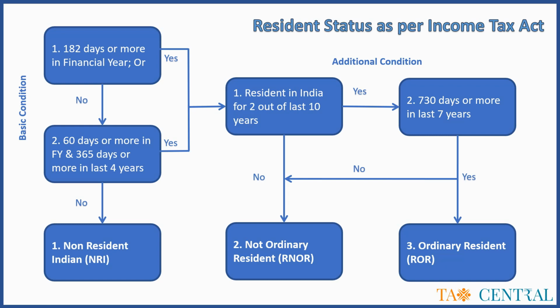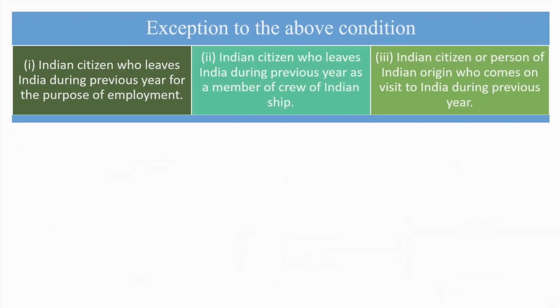But if he doesn't satisfy both the additional conditions or satisfies only one additional condition, then he will be a non-ordinary resident.